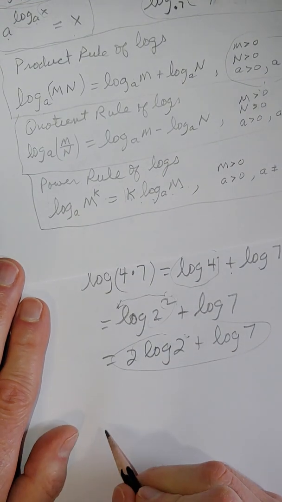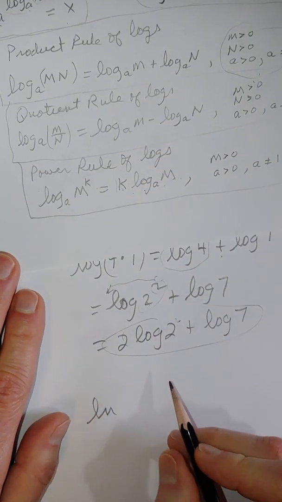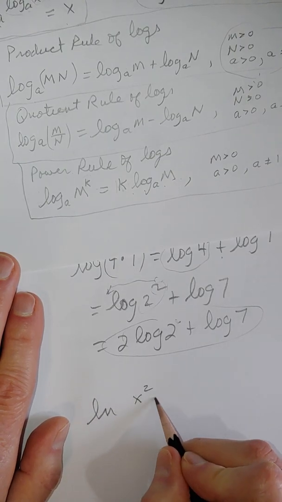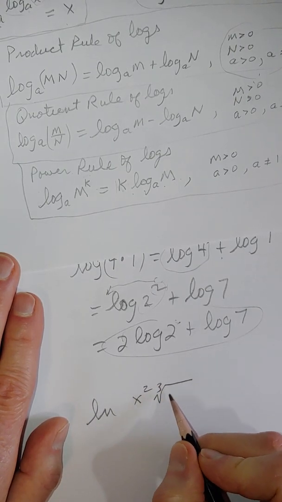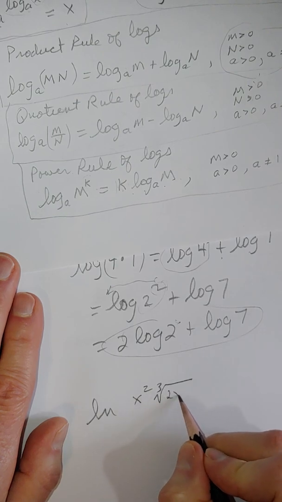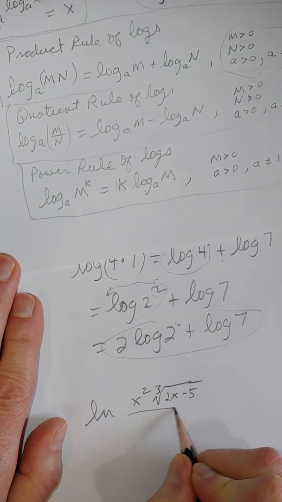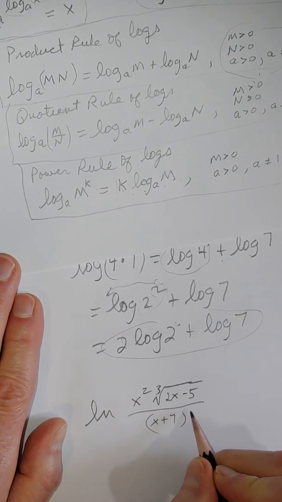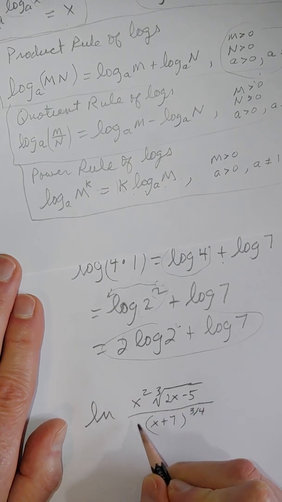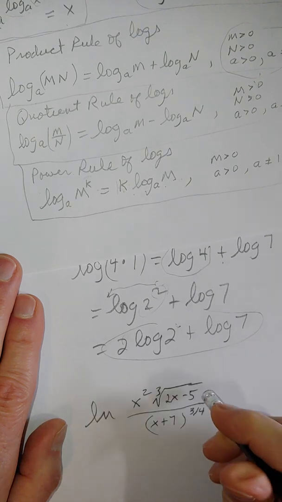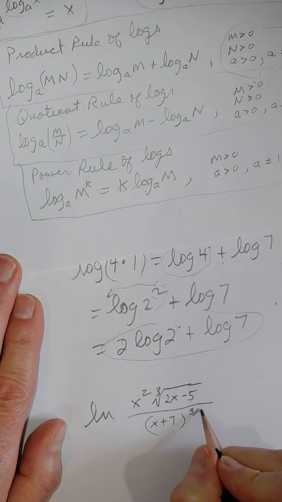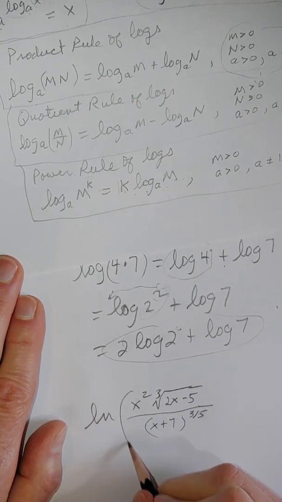Suppose we had something like this. Say ln of, let's just make something up here. Well, there has to be a restriction anyway, so it doesn't matter whether I put a 5 or 4, but let's make that a 5.